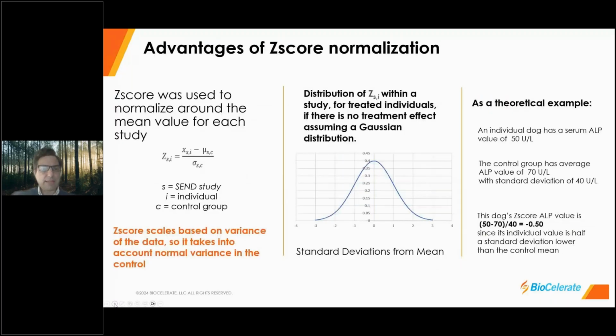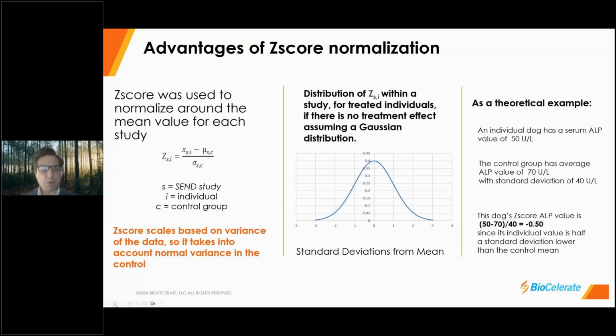So on this slide, we see the z-score normalization described. Z-score is a method that we used to get these all similar. On the left-hand side, we see an equation that explains how we compute the z-score value for an individual measurement.